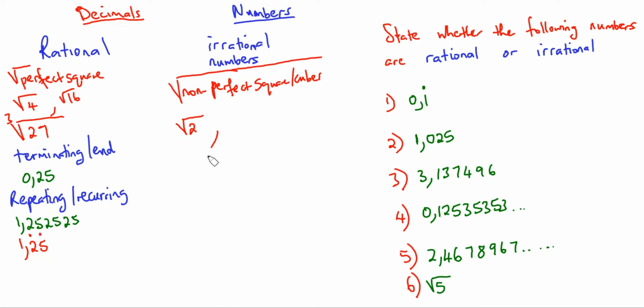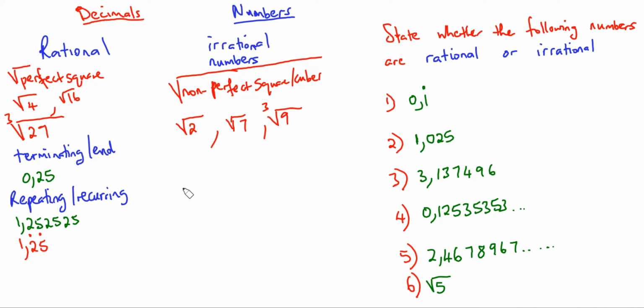It's an irrational number. The square root of 7 is also an irrational number. The cube root of 9 is also an irrational number. So these are non-perfect cubes and non-perfect squares.